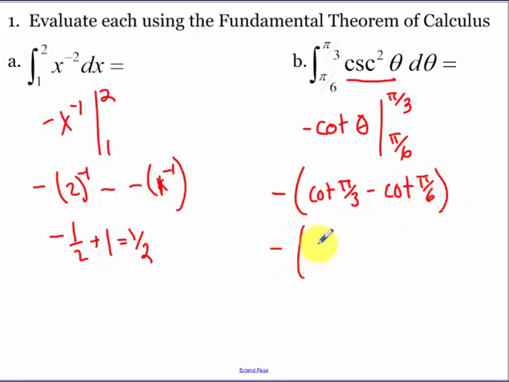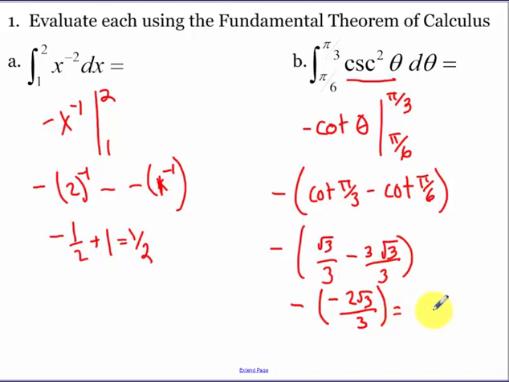And cotangent of pi over 3 is root 3 over 3 minus cotangent of pi over 6 is root 3. So I'm going to get my common denominator. So I have a negative 2 root 3 over 3. And that simplifies to get me regular 2 root 3 over 3.